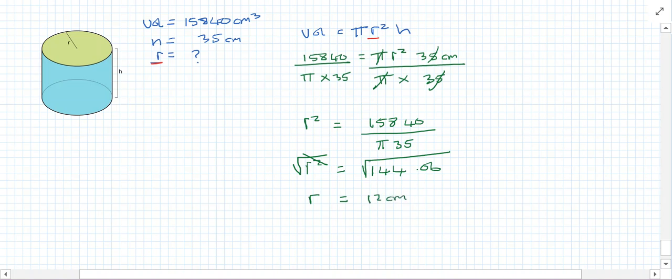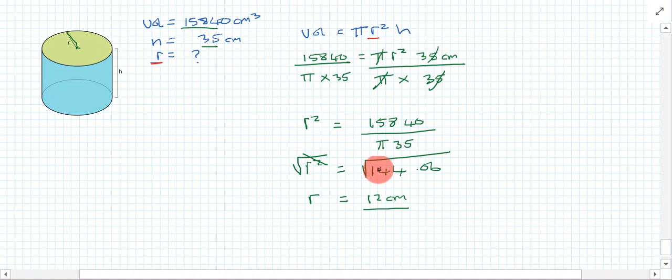So the radius of this cylinder that has a height of 35 and has a volume of that value is going to be 12 centimeters.